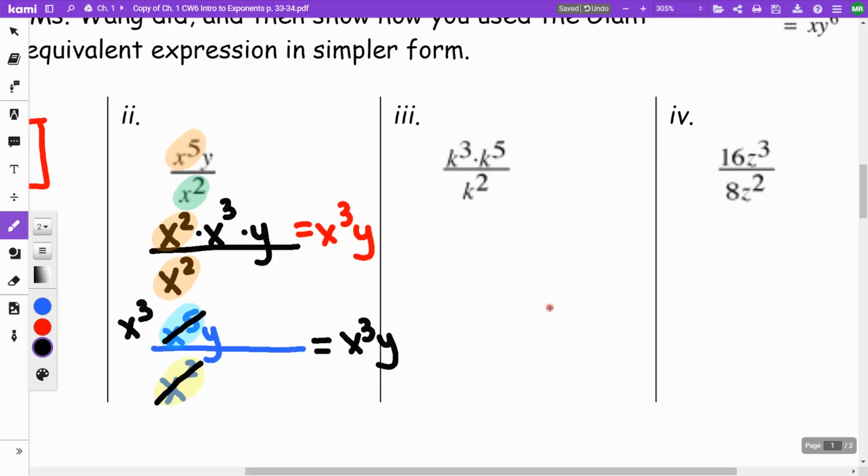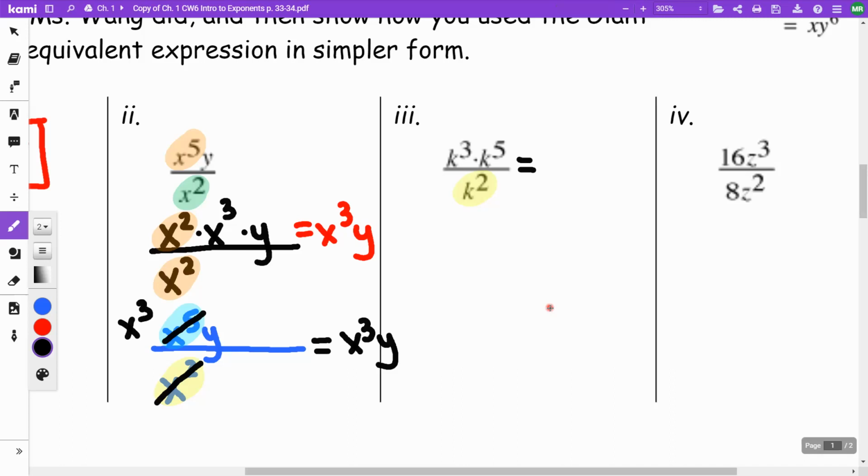On Roman numeral 3, what we notice is we have a k squared on bottom, which means I can take 2 k's from top and bottom. That's the most I can take. So on top, I really have 8, okay?